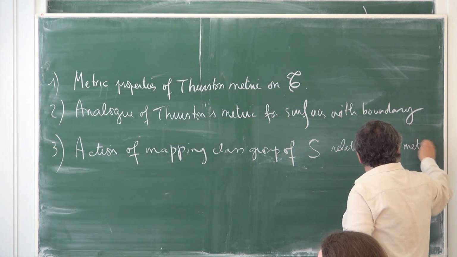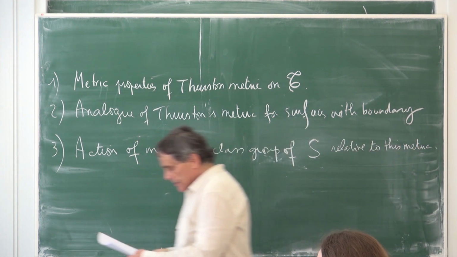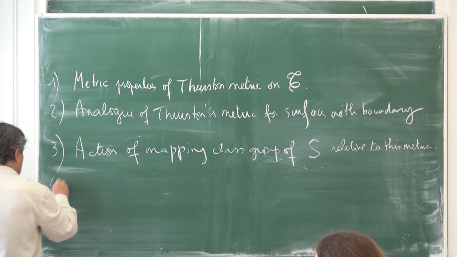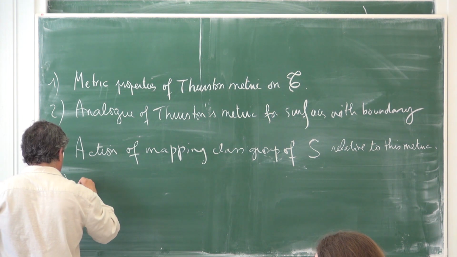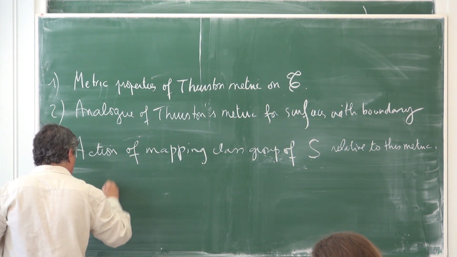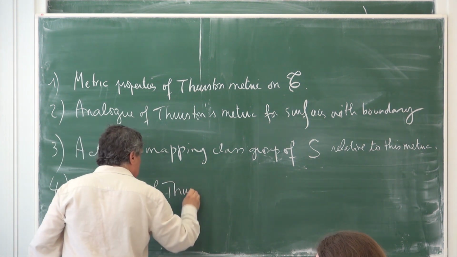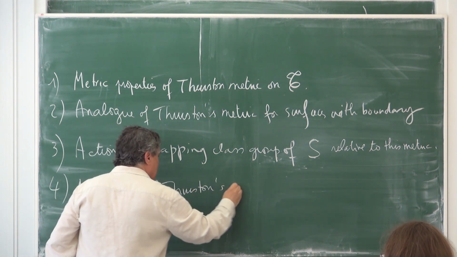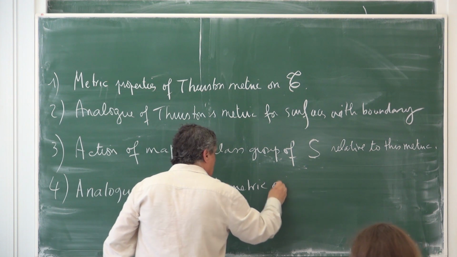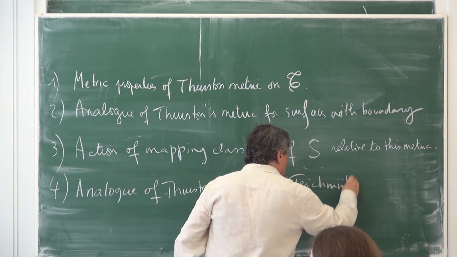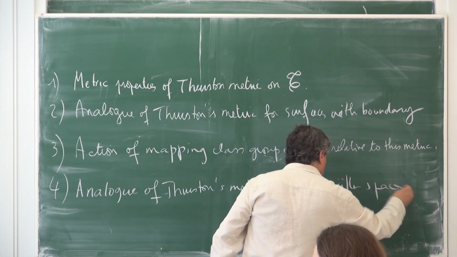I want to say something about the metric properties of this action. And then the fourth thing is the analog of Thurston's metric on Teichmüller space of the torus.